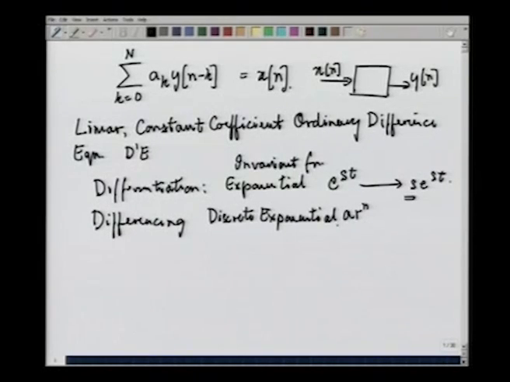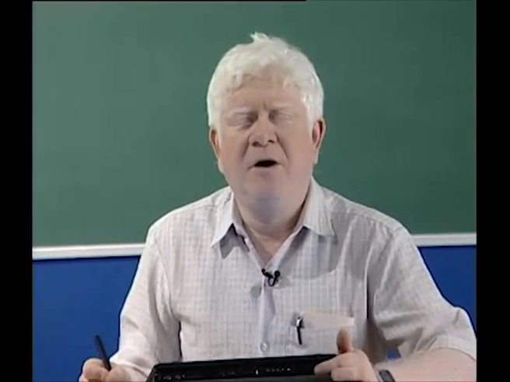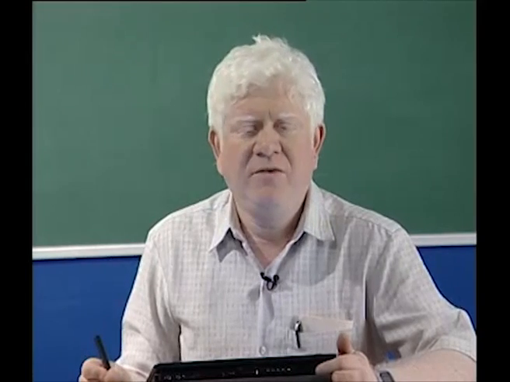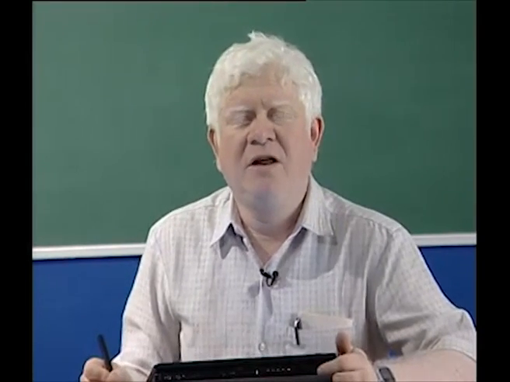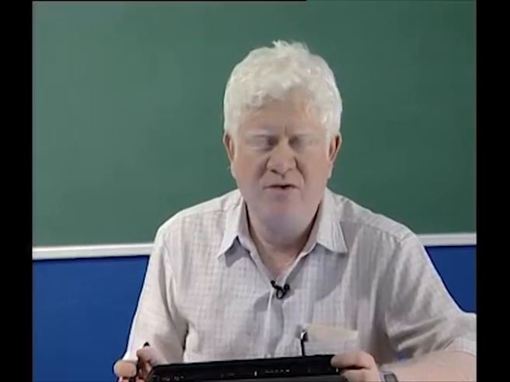Now, let us see what happens to a r to the power n when you difference it. We have to first check that it is indeed invariant, in short that it only alters by a multiplicative constant upon differencing, and subsequently we will see what that multiplicative constant is as well. Having established that, we will be in a position to take the next step forward with regard to discovering the solution of the difference equation.